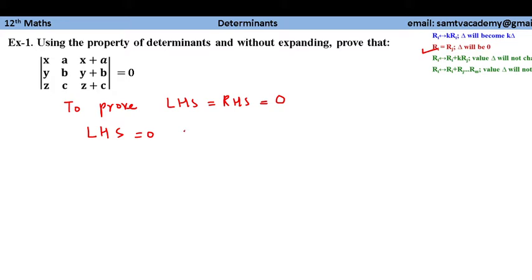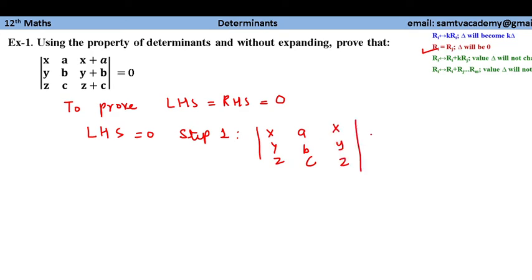So step 1, we can write like this if we are writing in an exam. First we will expand the determinant. We write x, y, z, a, b, c, and x, y, z.